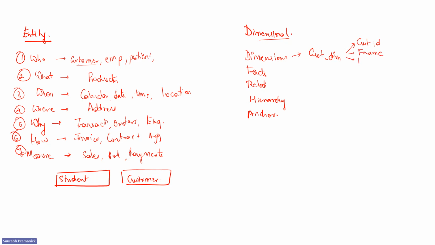Then the customer date of birth is not going to change. Customer last name, maybe that might change, but maybe once or twice. It will not change very frequently. So those kinds of data sets which are slowly changing or not very frequently changing would be captured in your customer dimension or in the dimensions.